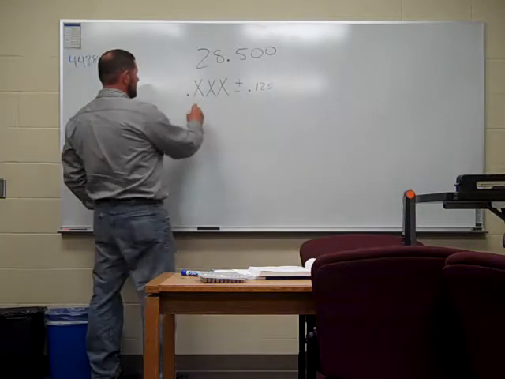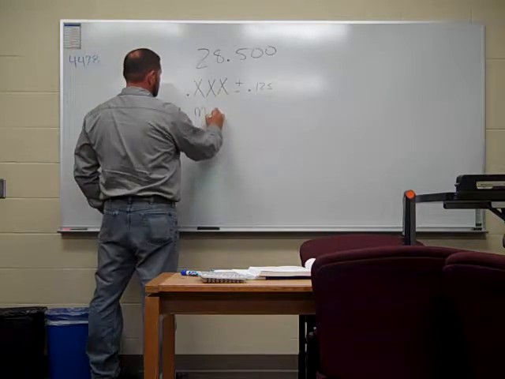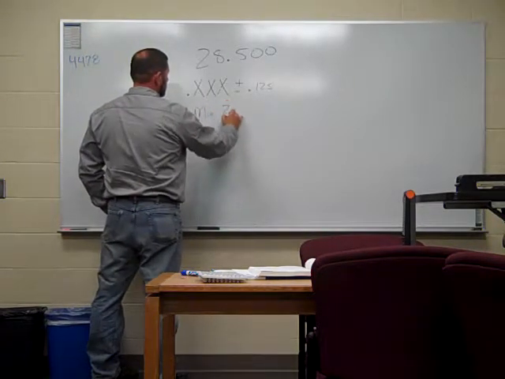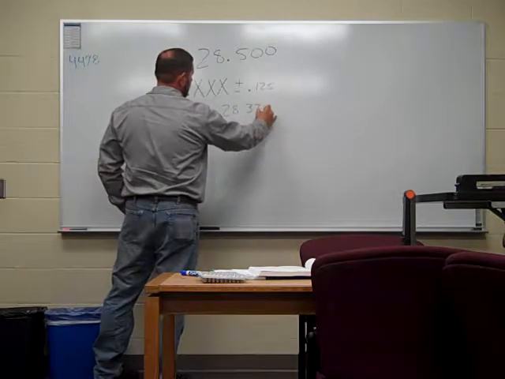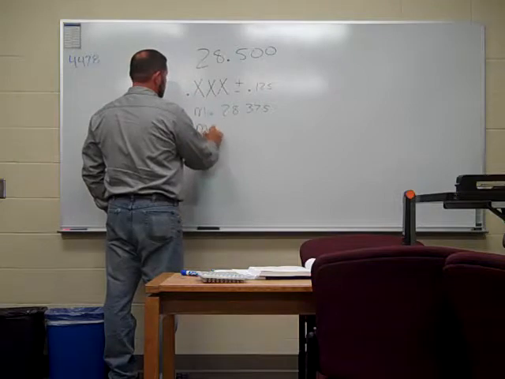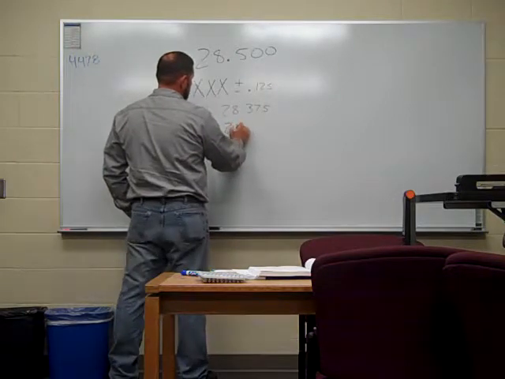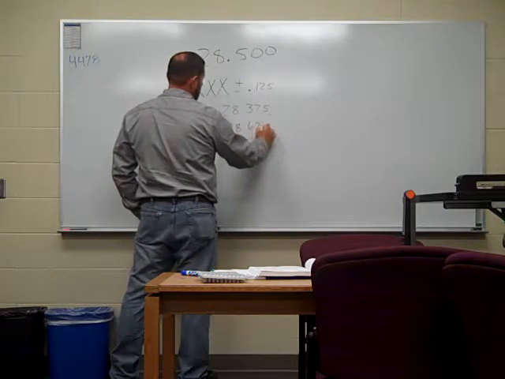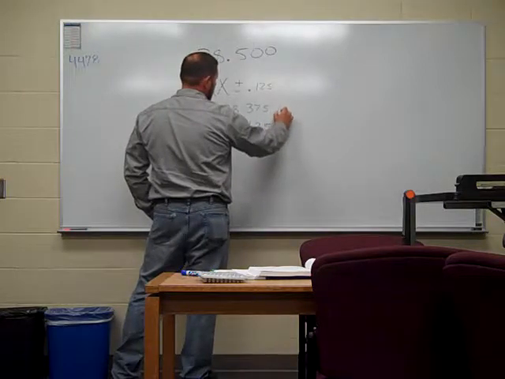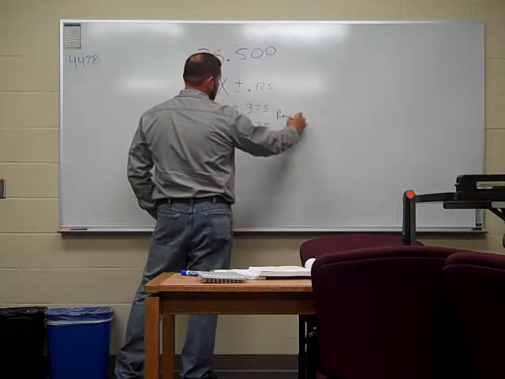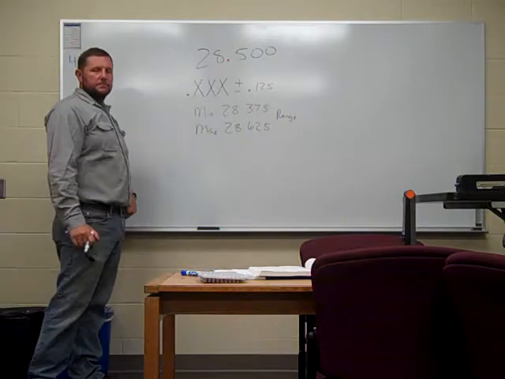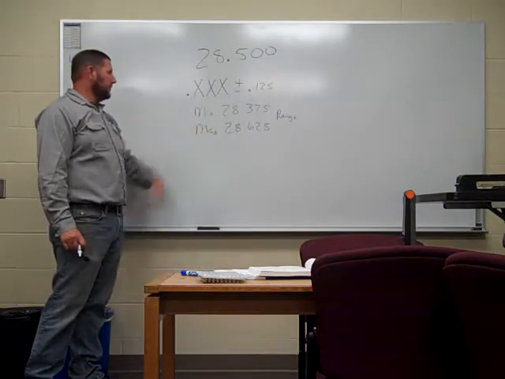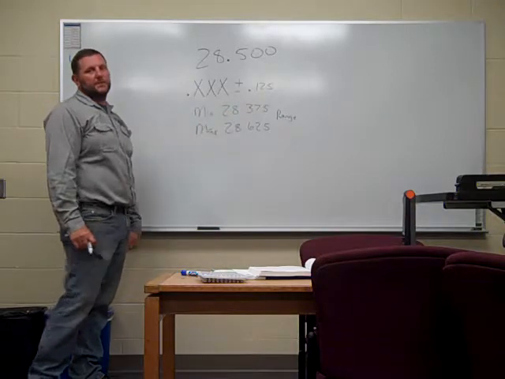What's my range? My min is 28.375, my max is 28.625. So that is my range, plus or minus. That's my tolerance. So that part can fall within there and still be acceptable.